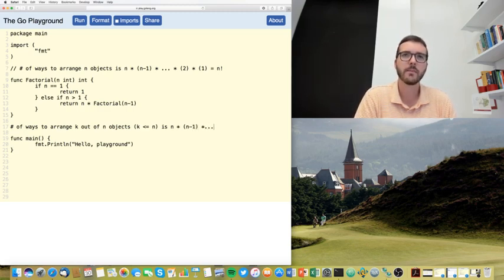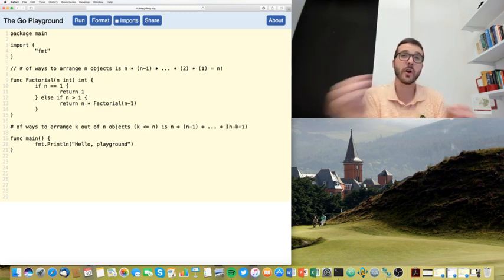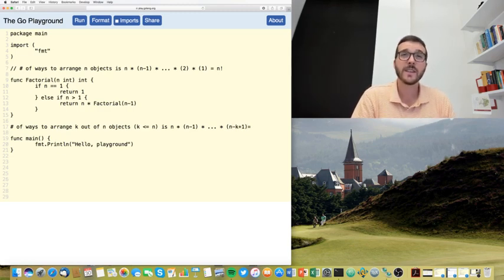But this time, we actually only choose k objects, so we get down to n minus k plus 1. Okay, so there's only going to be k terms because we choose k objects. We're not choosing all n of them, we're just choosing k. And you can see that this is actually just n factorial divided by n minus k factorial. Okay, and if that's not clear, feel free to consult like Wikipedia or some online resources.